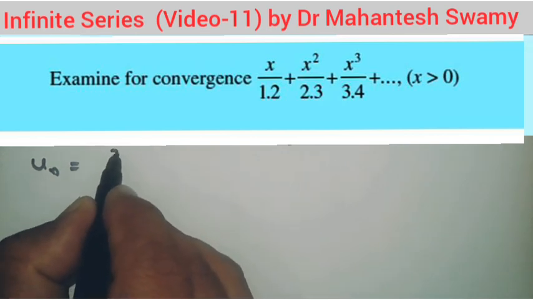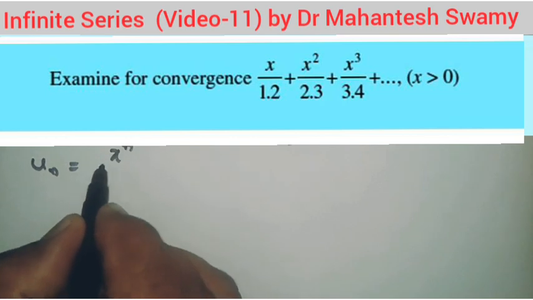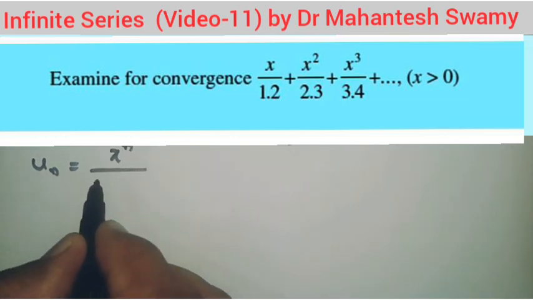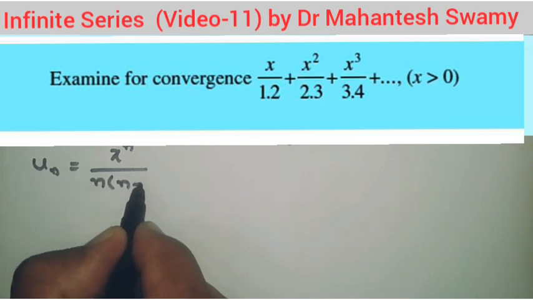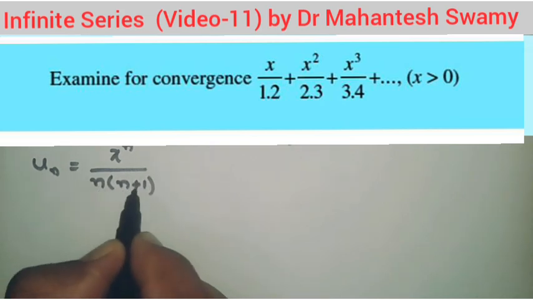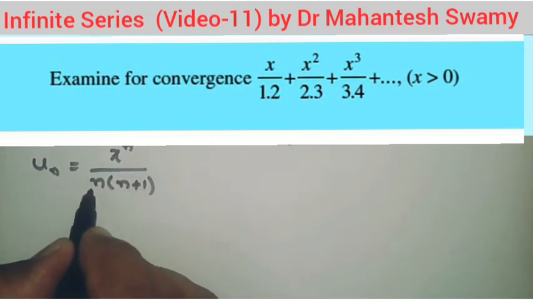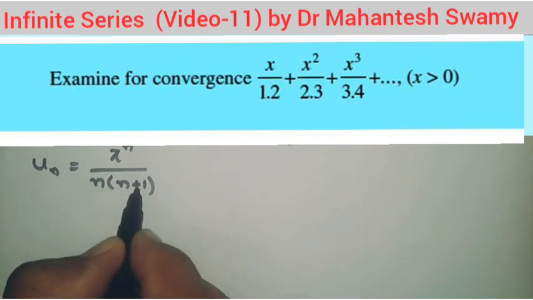In general, in the nth term it should be x to the power of n divided by, in the denominator, 1 into 2, 2 into 3, 3 into 4. In general, n into n plus 1. So this is the nth term.